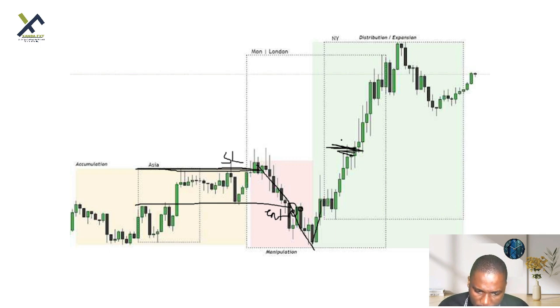Now, you look at it very well. Notice that for the distribution, the market came down here, retested to balance this fair value gap, the inefficiency, in the New York session. After that, the distribution took place properly. So, trading sessions are very important to understand and master if you must use ICT Power of 3 effectively.